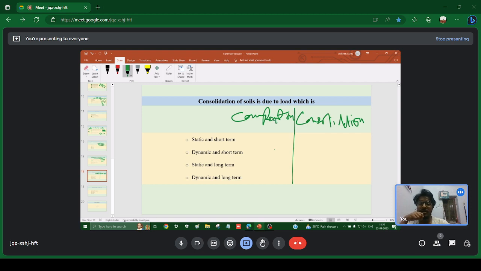In compaction, there is a load applied on the soil specifically and exclusively to drive out the water and reduce the volume. So that load is not only static, it's also a short-term load.